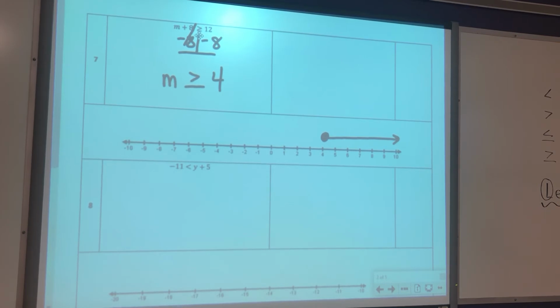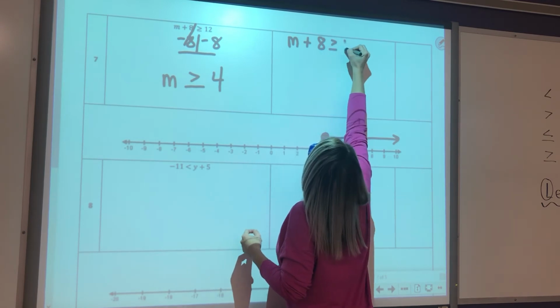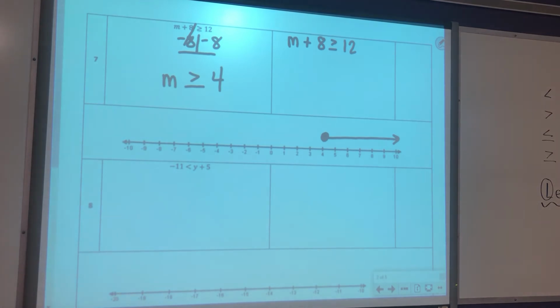The solution is m is greater than or equal to 4. Three values.